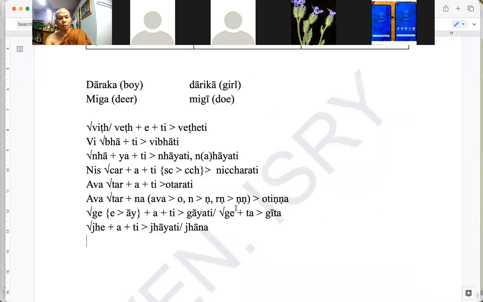So this rodeti actually root is rude. So sign is R and then D. So in Pali, rodeti, and also U is changed to the O, rodeti. So two forms, the same meaning, two forms. Rodeti, rodeti. We'll change to the O in this way.